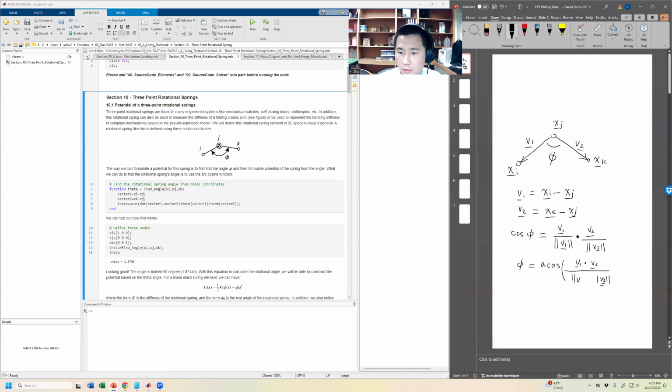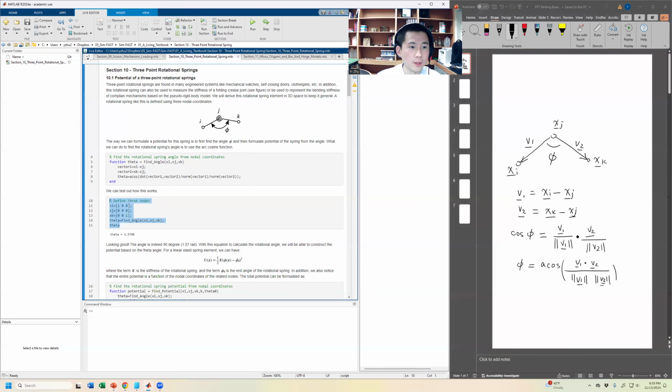When you take the norm, it's already just a number, not a vector, so we can write it like this. All right, so this is the equation we use to find the angle between three nodes.